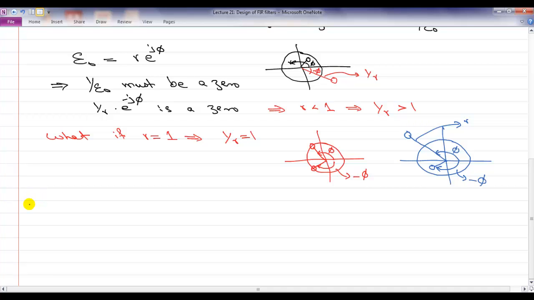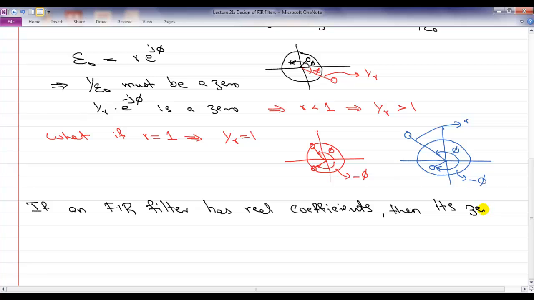So if an FIR filter has real coefficients, which is what we often desire, then its zeros are required to occur in conjugate pairs. And what is the reason for that? That follows from the fundamental theorem of algebra.